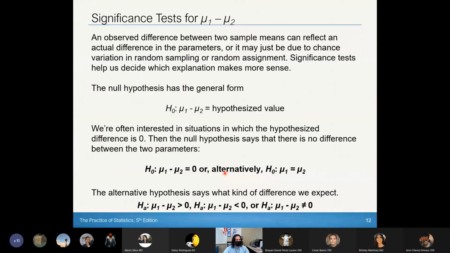And then we have significance tests for mu1 minus mu2. An observed difference between two sample means can reflect an actual difference in the parameters, or it may just be due to chance variation in random sampling or random assignment. Significance tests help us decide which explanation makes more sense. The null hypothesis has the general form H0: mu1 minus mu2 equals the hypothesized value.